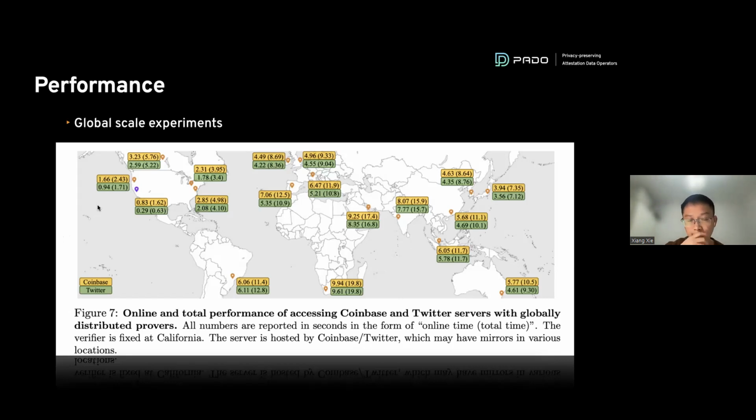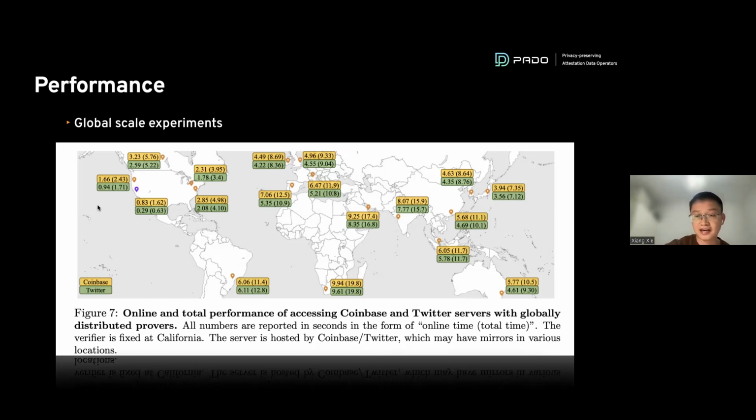We also separate the whole protocol into online and offline phases. The reason we want to do this is that we can do a lot of things before the prover establishes the TLS session. And we want to finish the whole 3PC handshake before the server timeout.